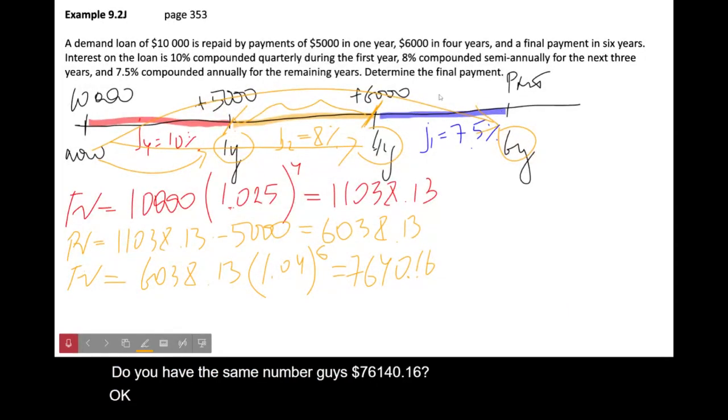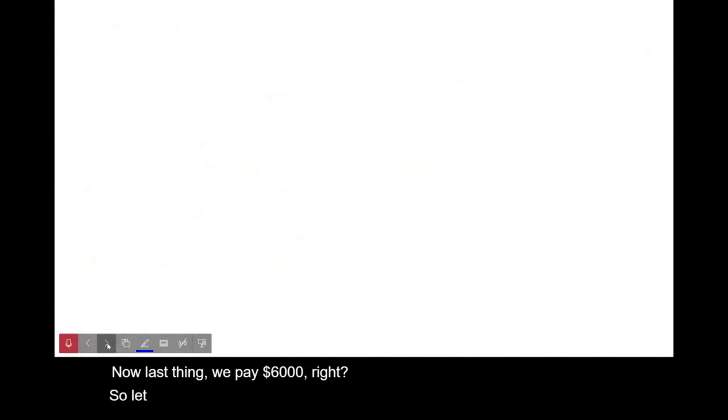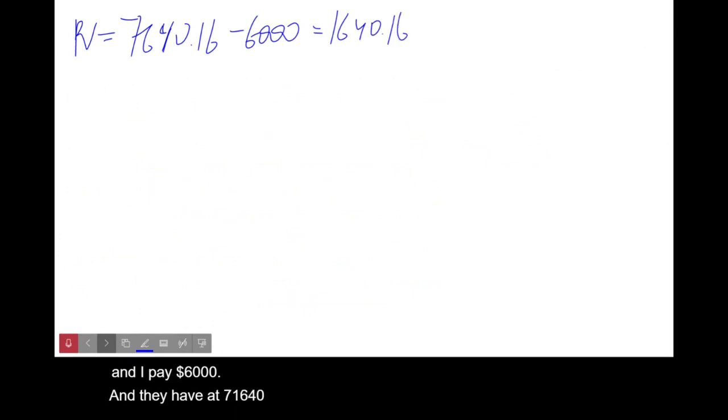Okay, now last thing, we pay $6,000, right? So let me flip a page. Present value is 7,640.16, and I pay $6,000, and I have 1,640.16.